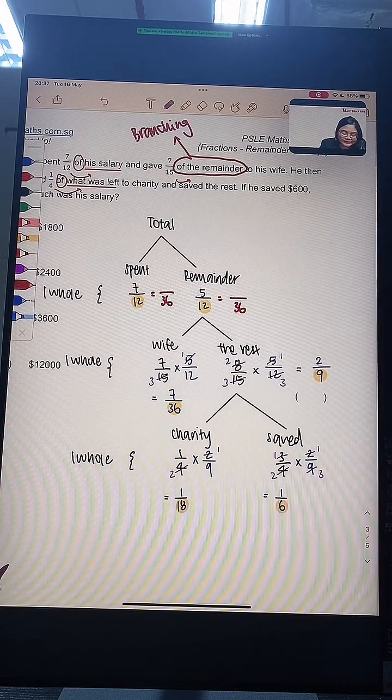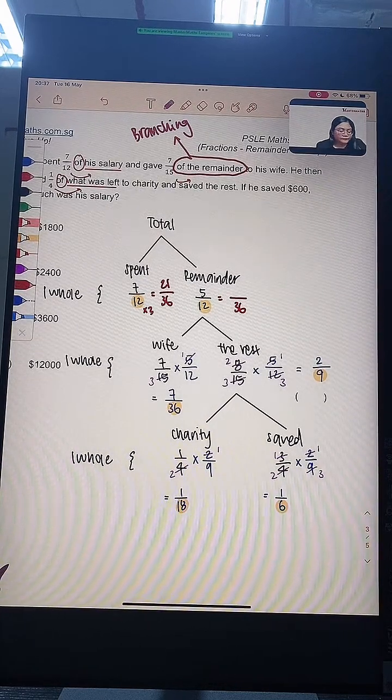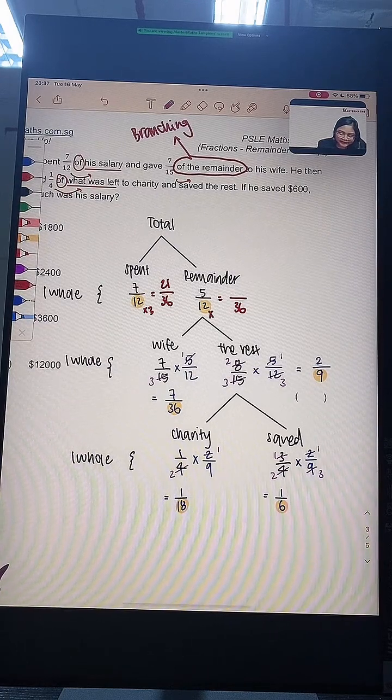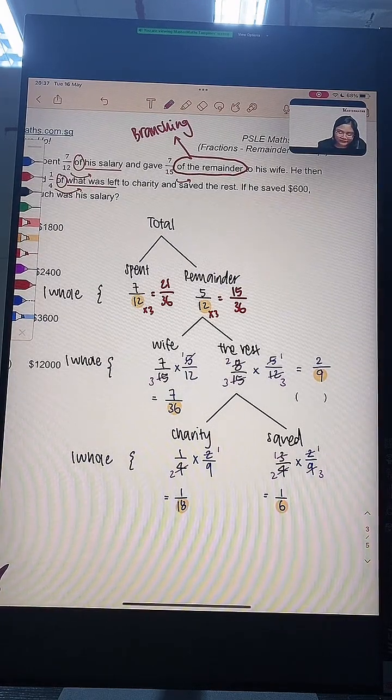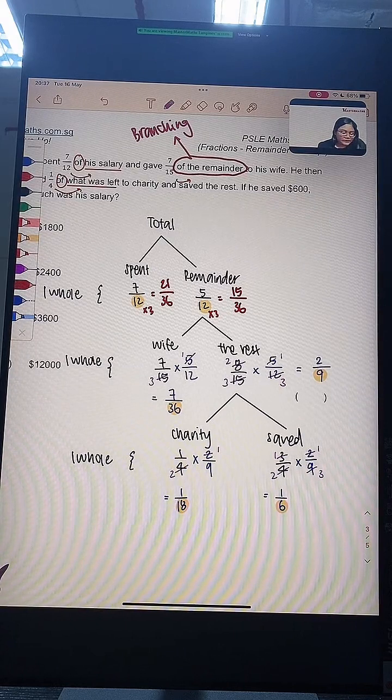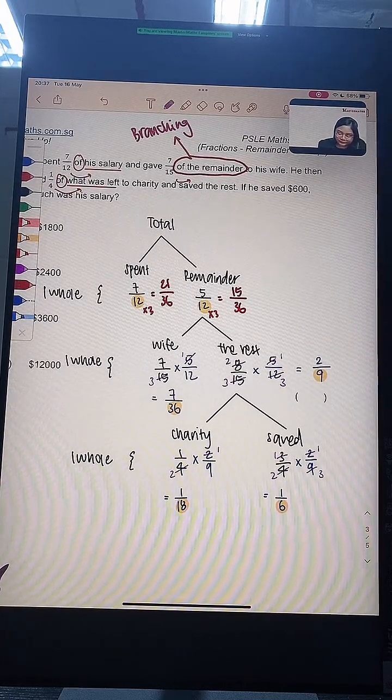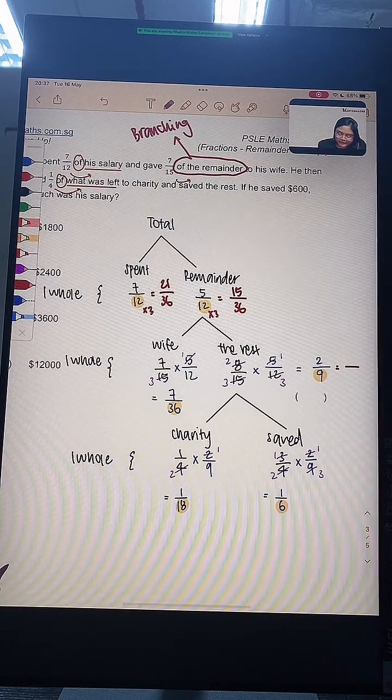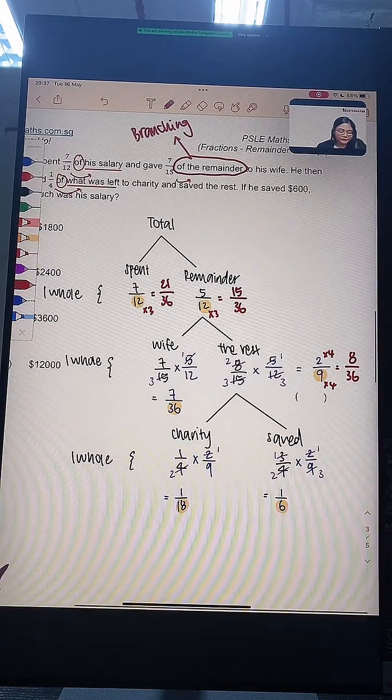To get the numerator here, we multiply by 3 to give us 21. Similarly on the other side, multiply by 3, we will get 15. 7 out of 36 is already there. 2 out of 9 is the same as times 4 times 4, we will get 8 out of 36.